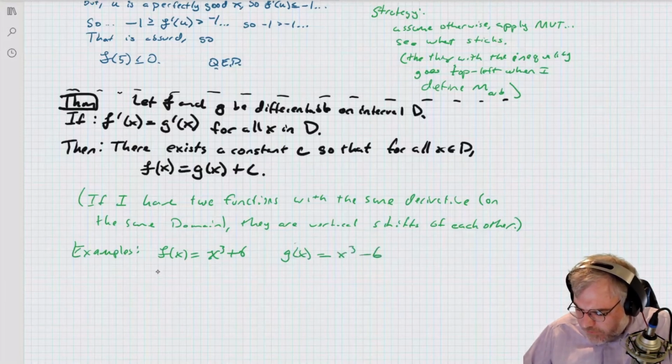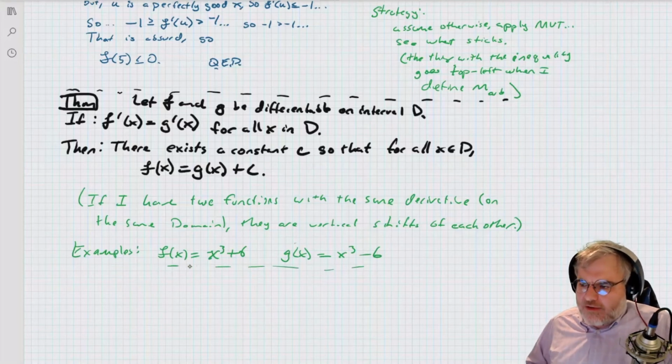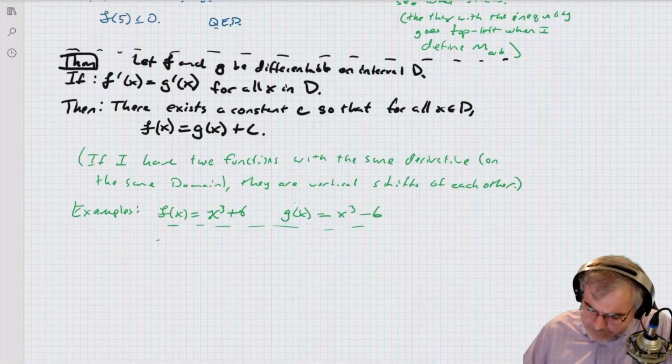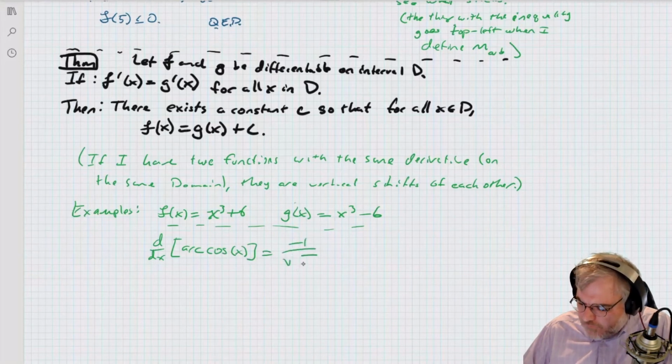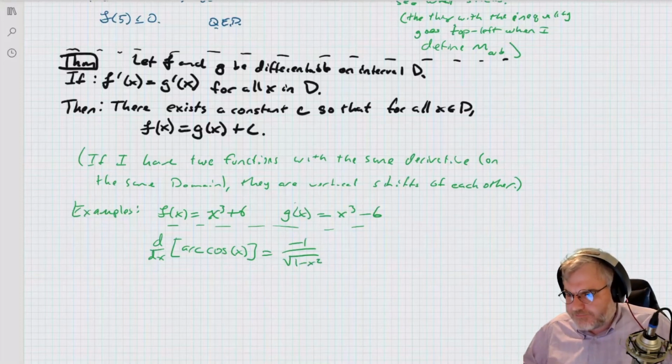Other example. Here's one. What is the derivative of arc cosine? Well, that's negative 1 over the square root of 1 minus x squared. 1 to 5, how do we feel about that?